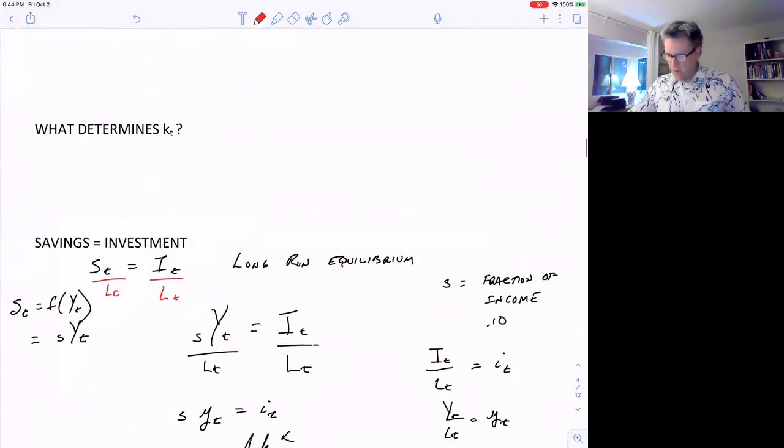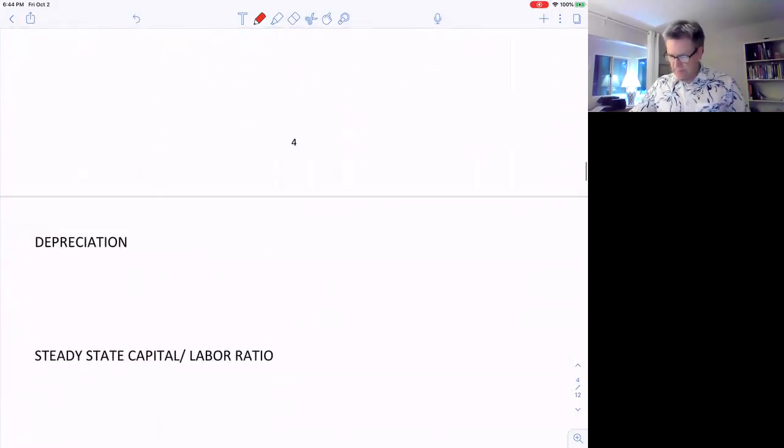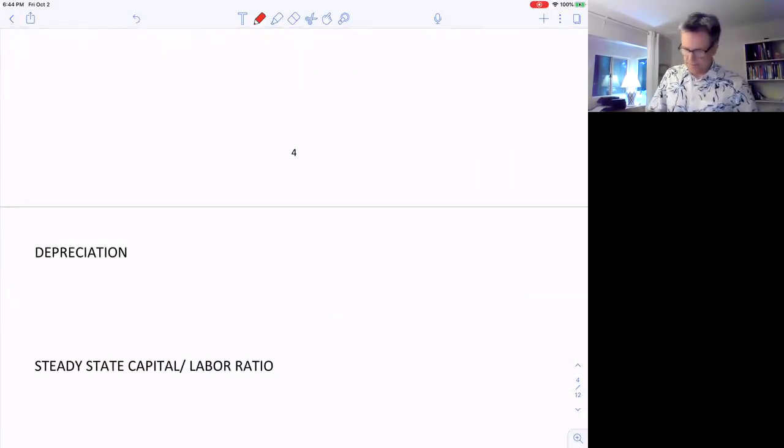Now we know that capital wears out. It's called depreciation. So capital wears out over time, or it becomes obsolete over time. And we're going to use little delta.